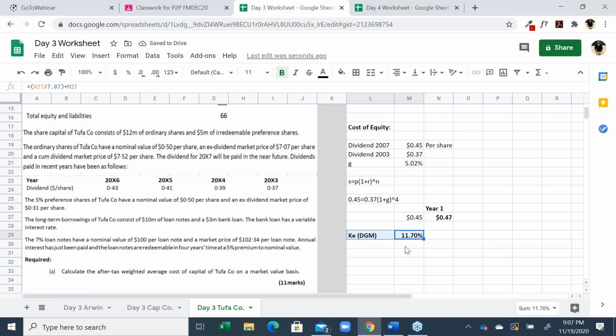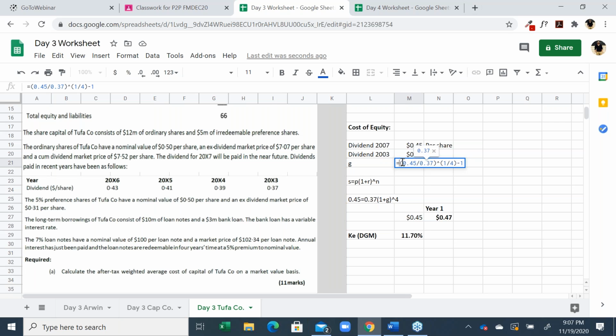Is it clear? So let me take you to the growth formula again, because somebody asked about the growth formula. The simple way to calculate the growth was just divide your latest dividend by your earliest dividend first.